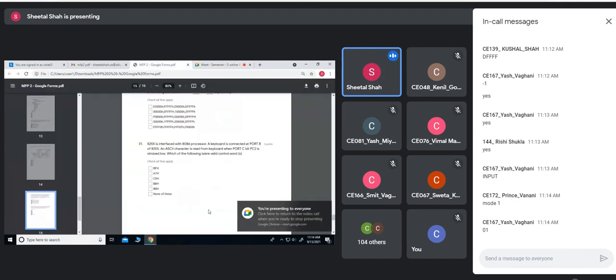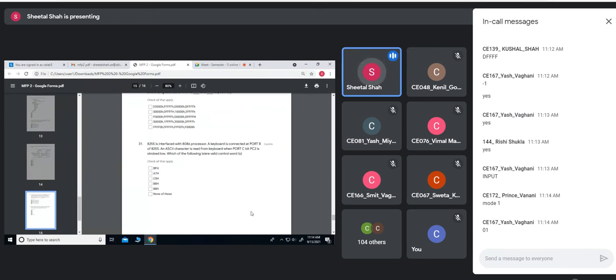Whereas port A, we are not using, so it can be don't care. Port C upper can also be a don't care. Whereas port C lower should be in the input mode, port B should be in mode 1, and port B should also be in the input mode.